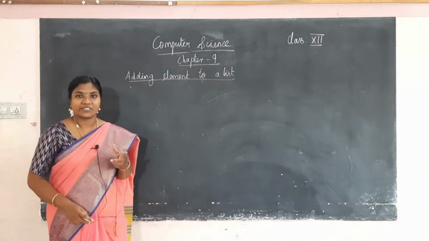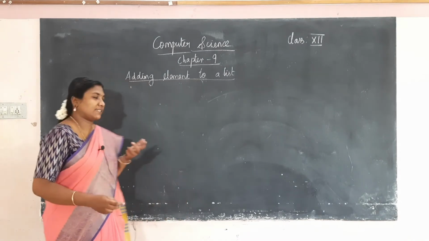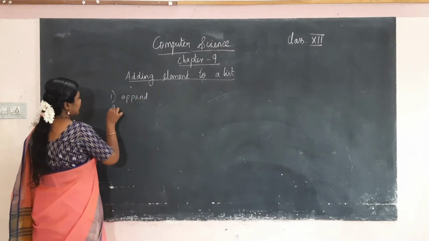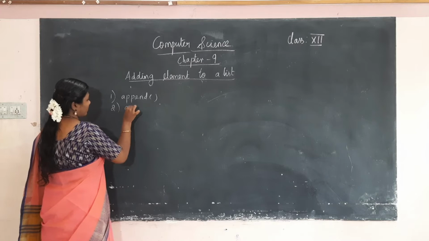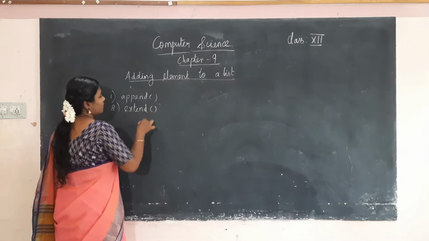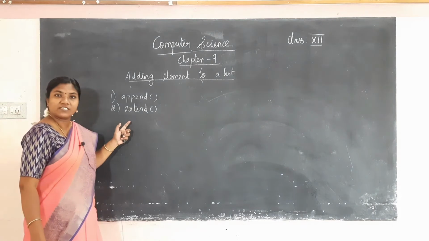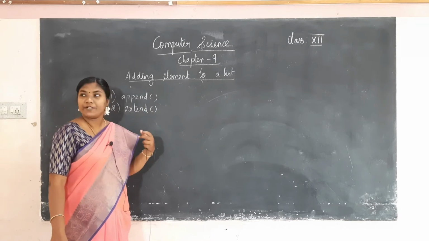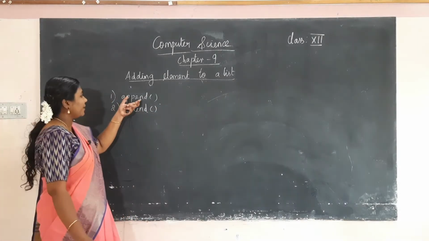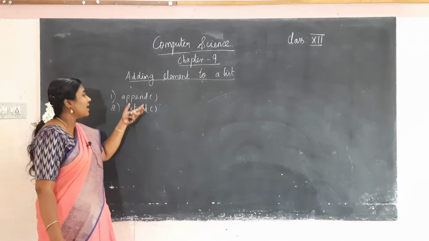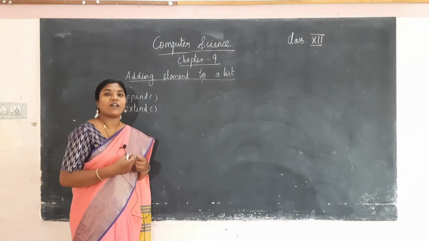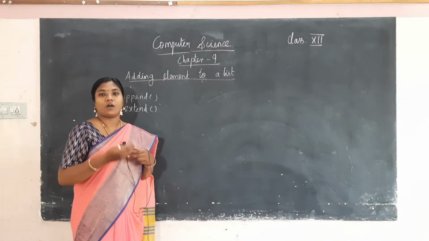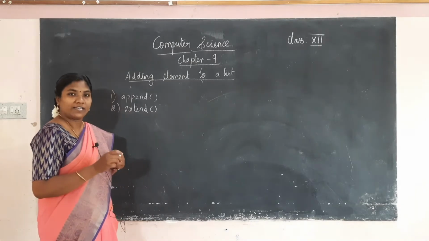We have two functions in Python for adding an element to a list. The first function is append and the second one is extend. These two functions help us to add elements to a particular list. The difference between the two is that the append function is used for adding only one element to a list, but with the extend function we can add more than one element to the already created list.